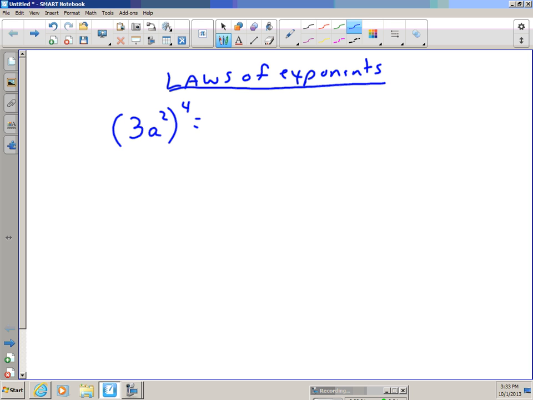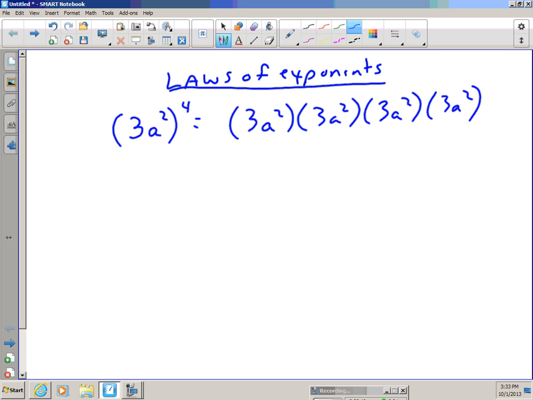It's incorporating the power to a power rule. What you see here, and what's a little bit different, is I have two different bases inside the parentheses that are being raised to this power. And if I were to work this out in long form, which is not desirable, this is what I would be doing. Well, if I simplified all of this, you would see that I would get 81a to the fourth power.